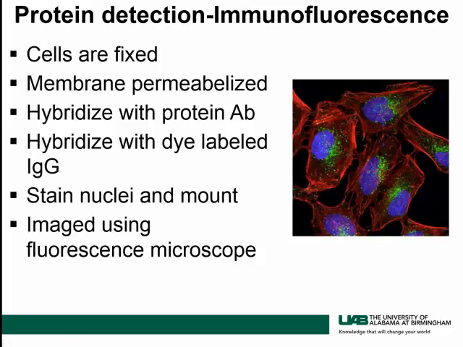After you hybridize with primary antibodies, and then with secondary antibodies, you stain the nuclei and mount the images, and you can look at them under a fluorescent microscope.